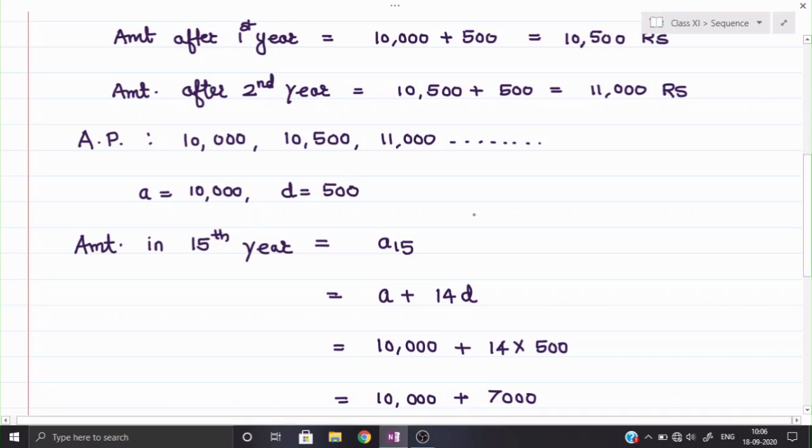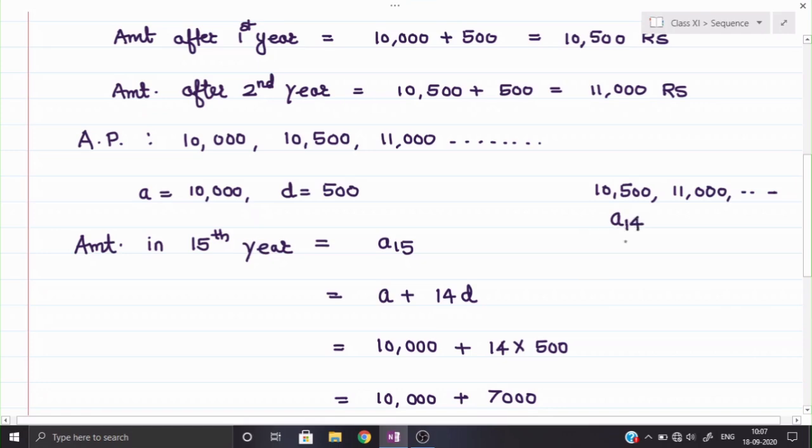You can take 10,500, 11,000 and so on. Okay, that you can take as a sequence, means ignore the 10,000. So this is the amount after 1 year, after 2 years, after 3 years, and so on. Okay, so in that case, when you find the amount in the 15th year, actually you require the value of A14.